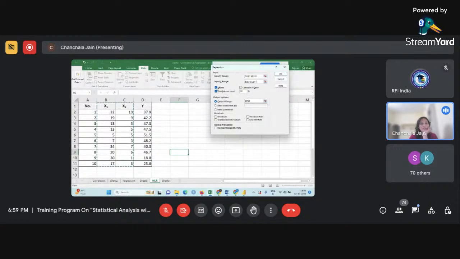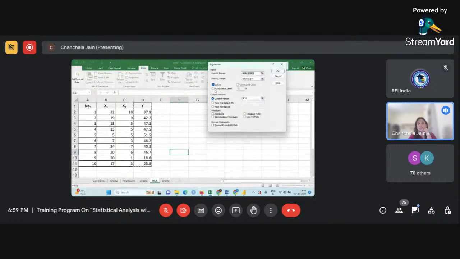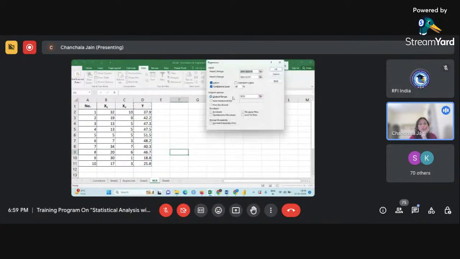I have selected my data including the labels, so you need to check the Labels box. For the confidence level, if you want to make changes, you can select this; if not, you do not need to. If you select it and make no changes, it does not impact your results. Now come to the output option. Wherever you want to generate the output, give that particular cell reference and press OK.